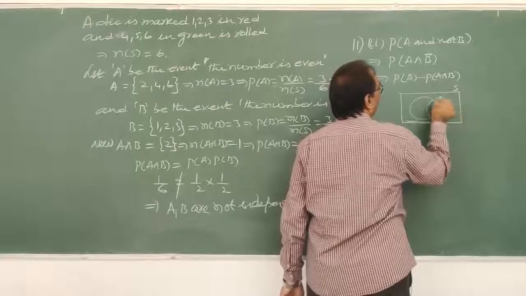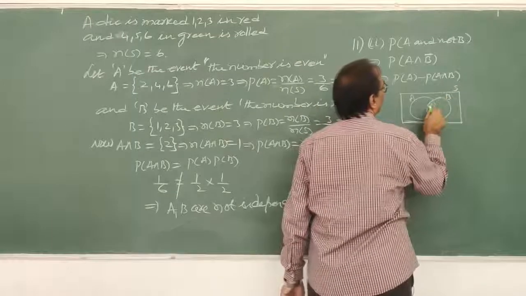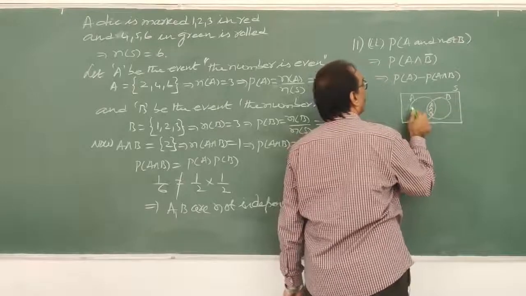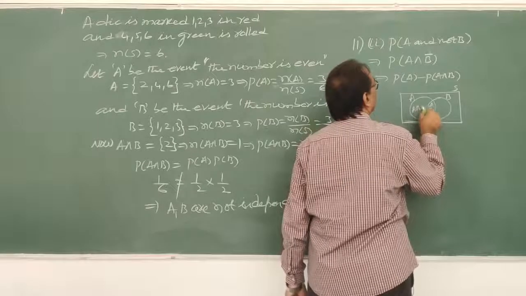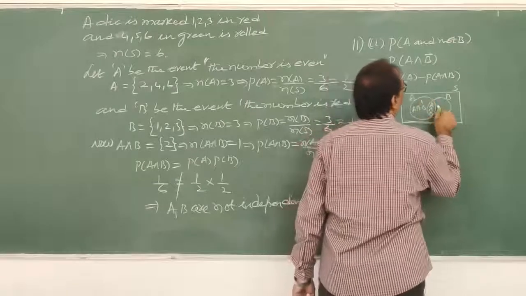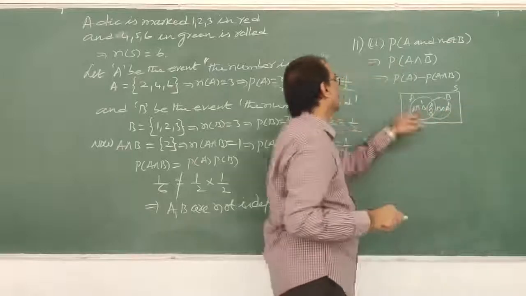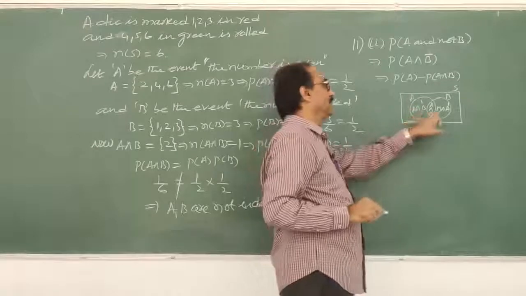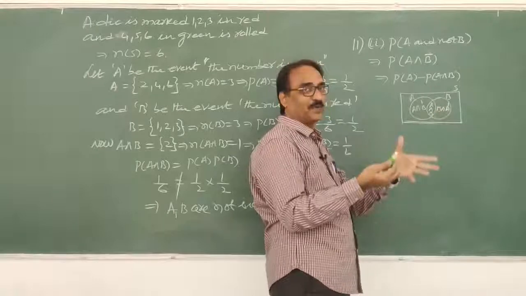This is another event, B, and this is called A intersection B. Now this is called A intersection B complement. This is called B intersection A complement. Because at this place B is not there, A is there, that is common. Here B is there, A is not there, that only is common.